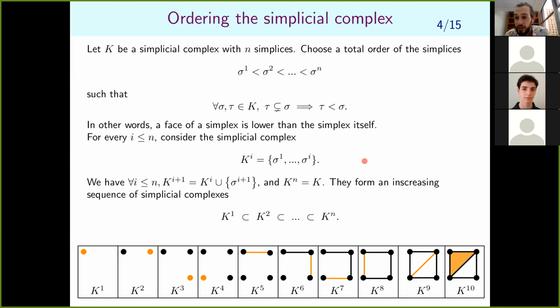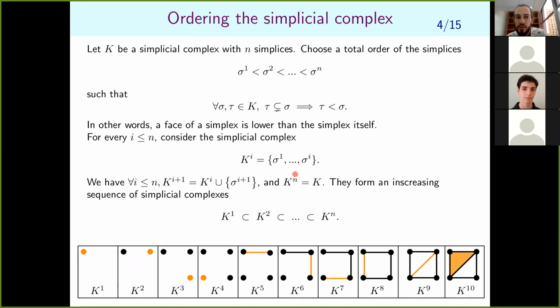And fortunately, thanks to this axiom here, this set, K_i, is a simplicial complex. It is a subset of K that is a simplicial complex. You can check the definition of a simplicial complex. You just have to make sure that every face of a simplex is also a simplex, is included in the simplicial complex.